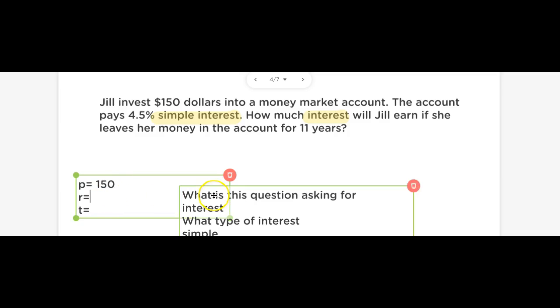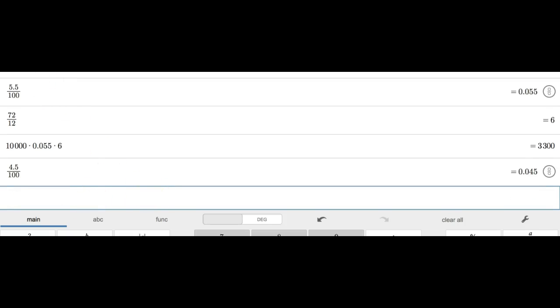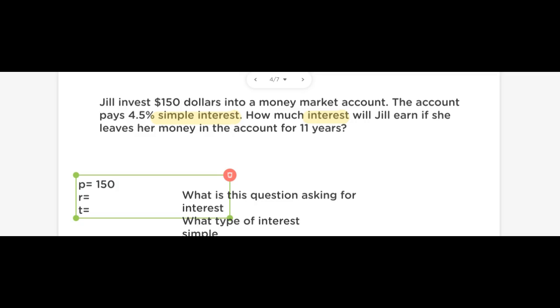The rate, remember you can go to your calculator and do 4.5 divided by 100, and it tells you that the rate is 0.045, and my time is 11 years.